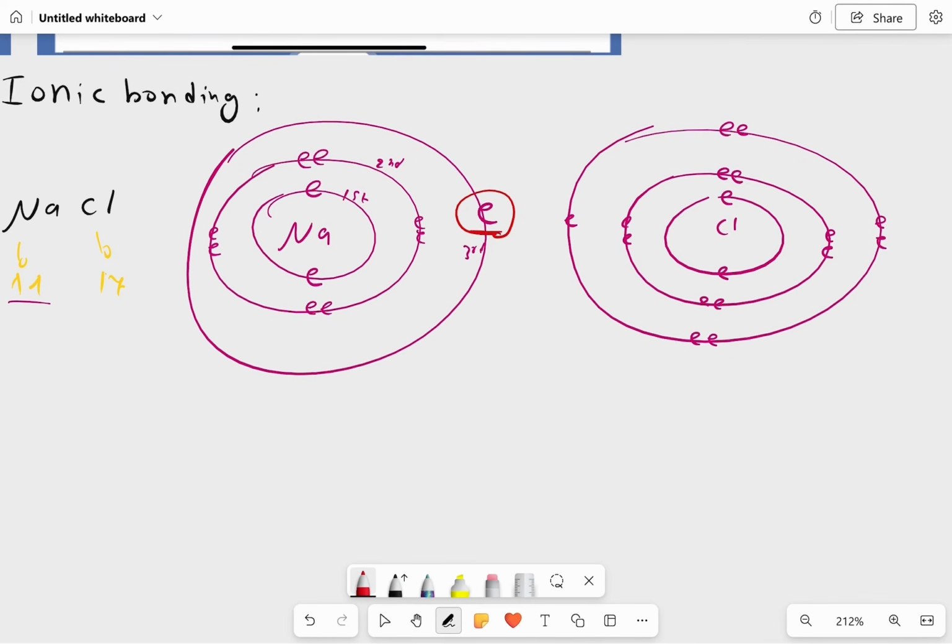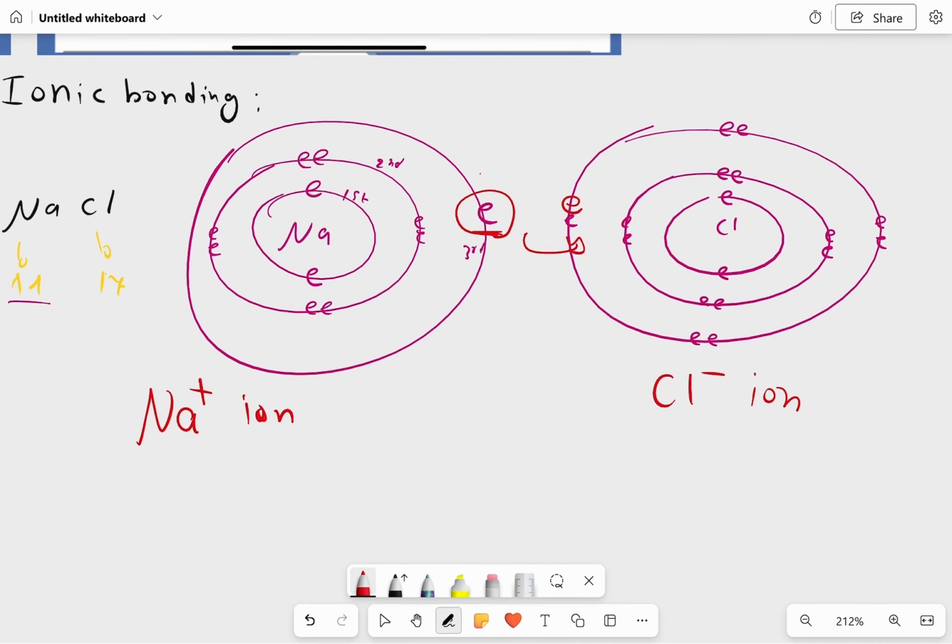So this electron is going to move here, and this one will be filled. Na is going to donate an electron to Cl. So Na is going to be positive, and Cl is going to be negative. So you have a negative ion and a positive ion.